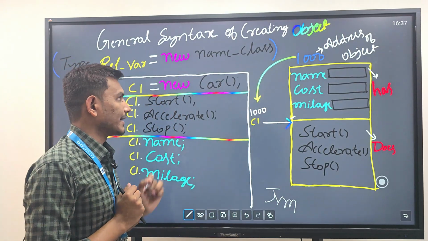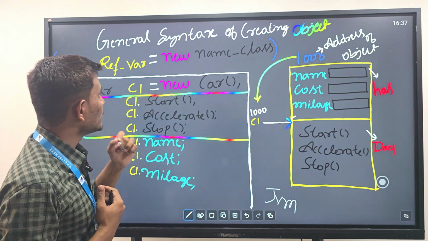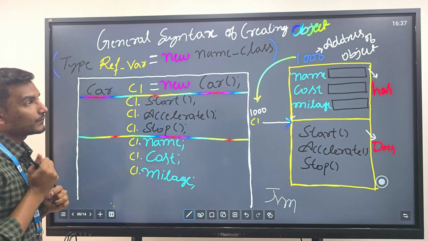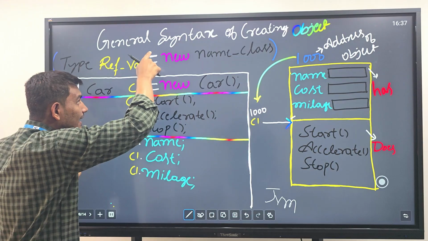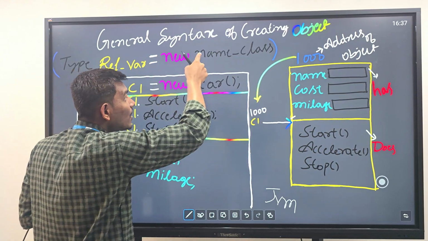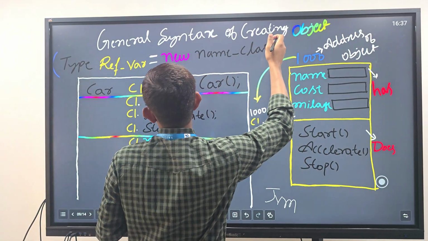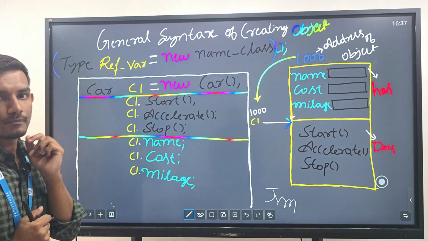Okay, now please try to understand. First of all, let me show you how the general syntax of creating the object looks. Assignment operator, and on the right hand side, the new keyword followed by the name of the class, opening and closing parenthesis, ending with a semicolon.